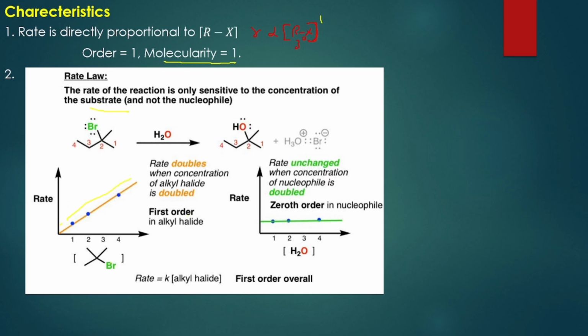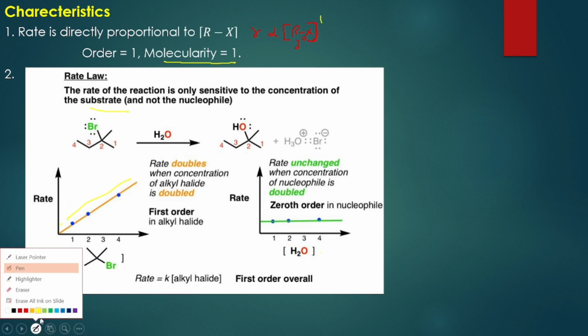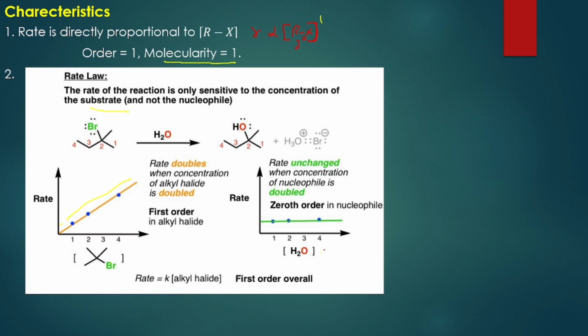But if you see rate with concentration of nucleophile, this is the nucleophile. With nucleophile, the graph is a straight line. Why a straight line? Because rate of reaction is independent of the concentration of nucleophile.